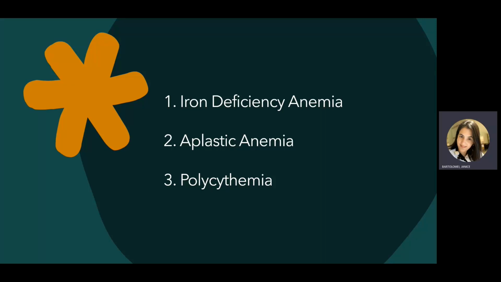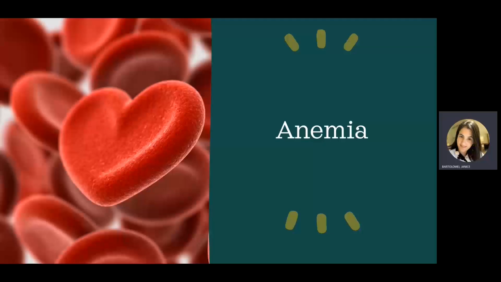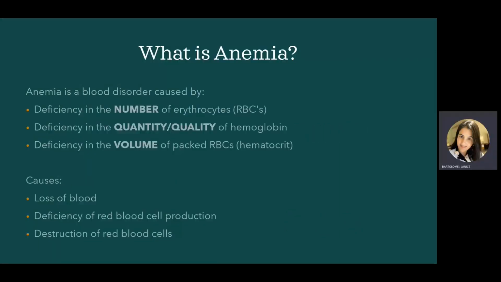Before we get into iron deficiency anemia, I kind of want to give you an overview of what is anemia. And so let's get started with that. Anemia is a disorder, a problem with the blood, and it could basically be caused by three things.